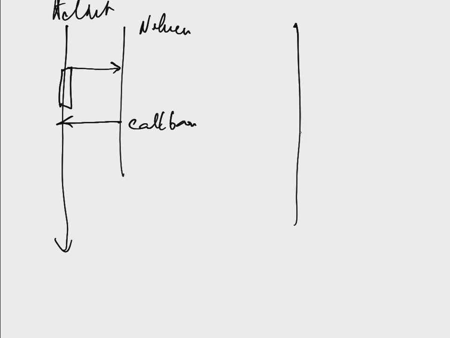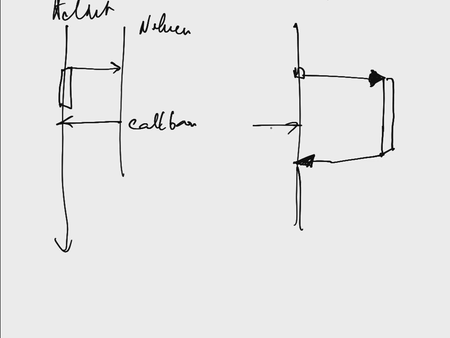Otherwise, if you do it synchronously, like here is your activity, and you do it from the network, a synchronous call would block. So you wait, and then when it's done, you finish and continue.